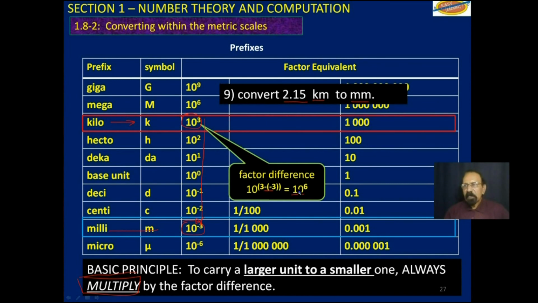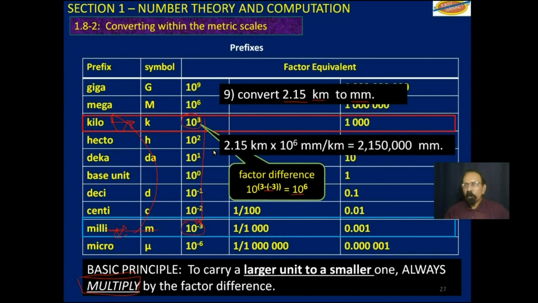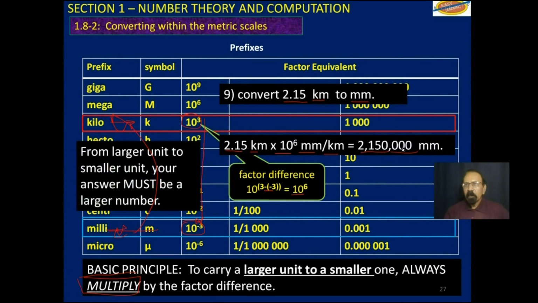So it takes 10 to the 6th millimeter to make 1 kilometer. 2.15 kilometers multiplied by 10 to the 6th millimeter per kilometer, and you get 2,150,000 millimeters. This answer here must always be larger than this because you are carrying a larger quantity to a smaller one.